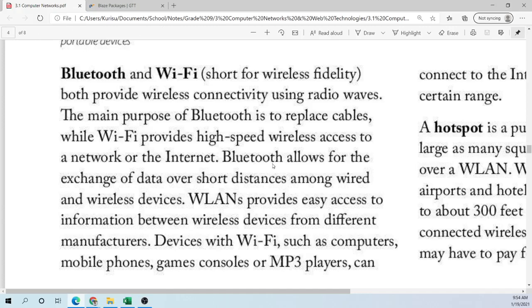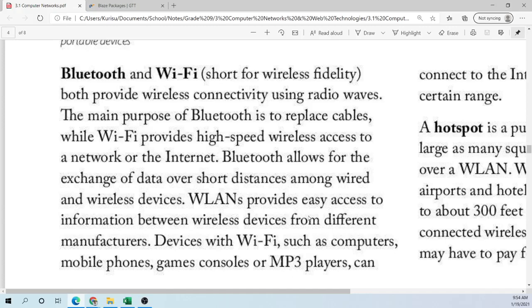Now, a Bluetooth connection is used for exchange of data over short distances. So, a few feet away from a person, you would use a Bluetooth connection so that you can exchange that data. Today we have many devices with Wi-Fi connections.